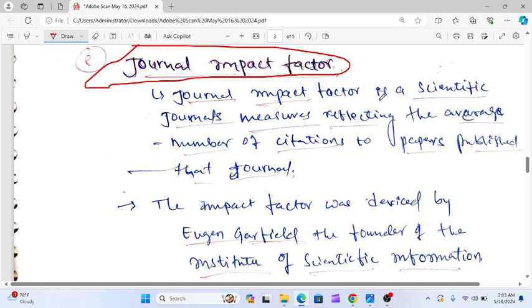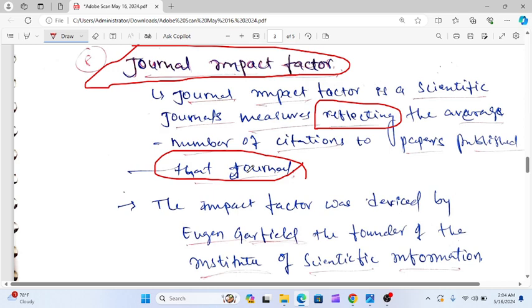The journal impact factor is a measure reflecting the average number of citations to papers published in that journal. So overall, this is the journal metric.